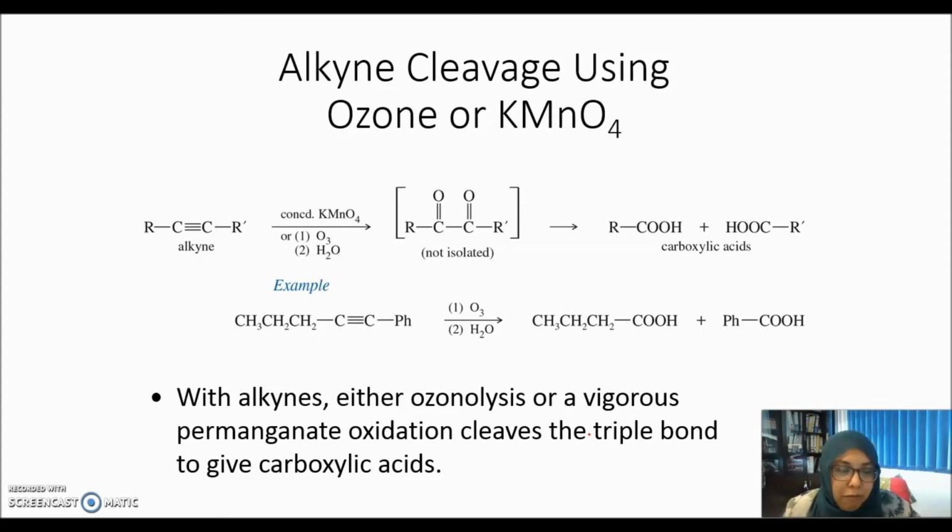Now, what if we cleave it using ozone or potassium permanganate for alkyne? For alkyne it is a different thing altogether, because we cleave it and the product will always be carboxylic acid. So here you've been given an example. Essentially what you do is cleave this entire part and add COOH to it.